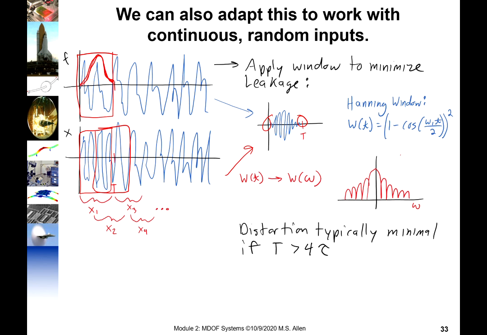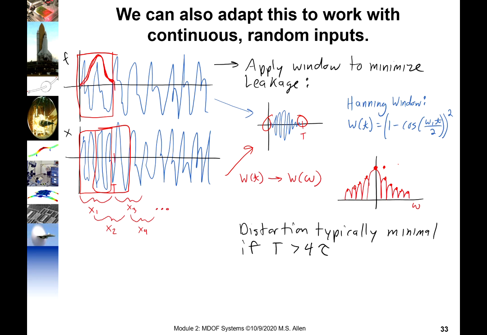And multiplication in the time domain corresponds to convolution in the frequency domain, which basically means that whatever the true frequency is that we're trying to estimate, in our signal we're going to get little ghosts of that on a picket fence at lots of frequencies above and below that. And then we'll get the same thing for the next frequency and the next one. And so all of that can add up to causing some distortion in the signals.